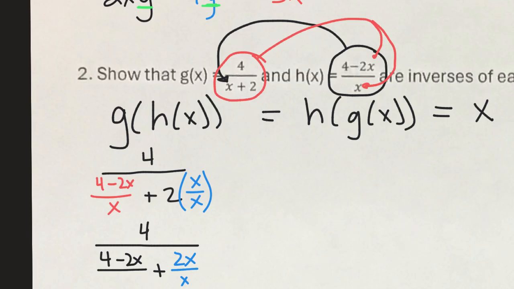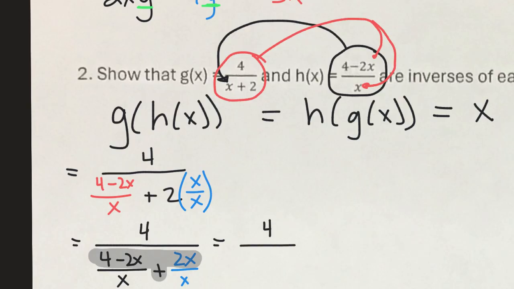This is what my equation looks like now. I have changed my 2 to have the same denominator as my fraction. So 4 minus 2x over x plus 2x. What do I get when I combine my numerators? Well, I guess that's a good question.